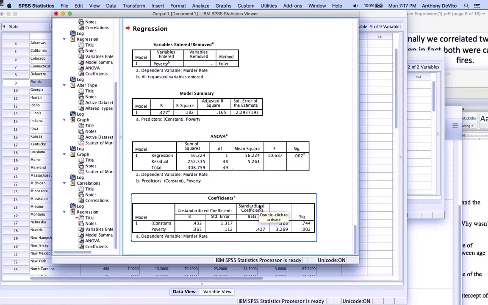And what about our formula, right? Well, our slope is 0.365. What does that tell you? That tells you that for every increase in the poverty rate of 1%, you only get an increase of about a third of 0.36 in the murder rate, right? So that gives us an idea how one influences the other.